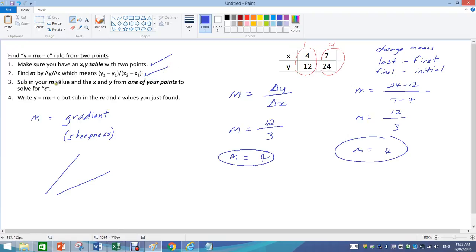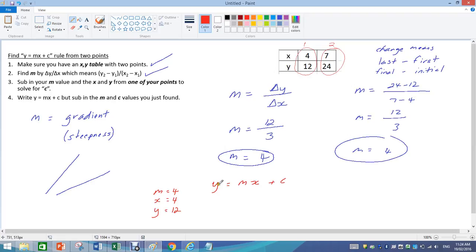Now sub in your m value and the x and y from one of your points to solve for c. Okay, so I might use a new colour now. We know y equals mx plus c. And we know that m equals 4. And if we choose one of these points, as step 3 says, we'll just choose the first point here. For the first point, x equals 4. And y equals 12.